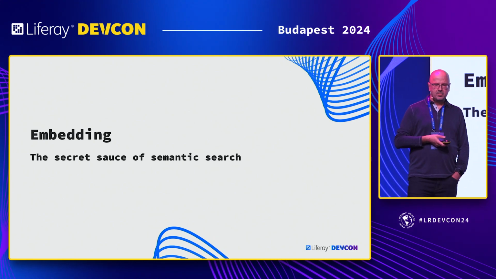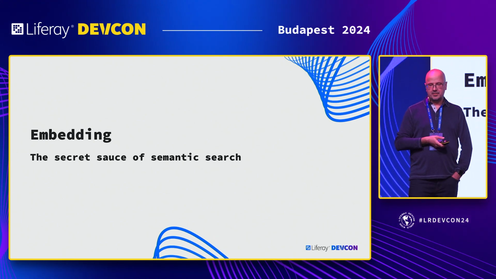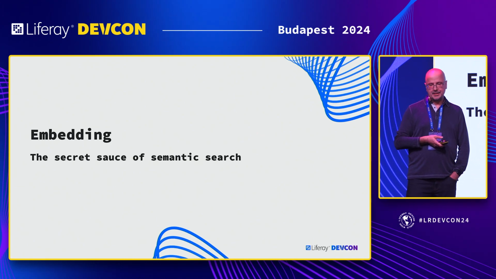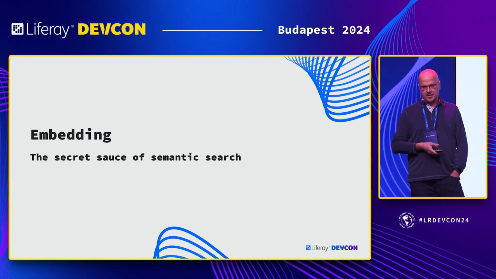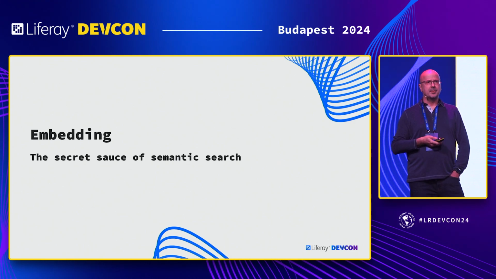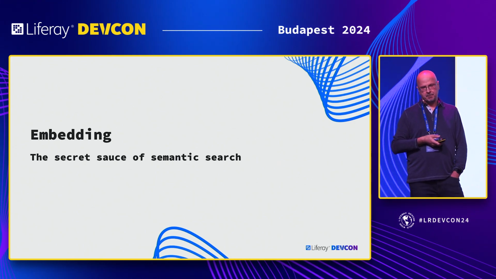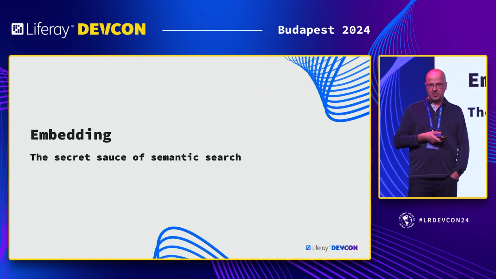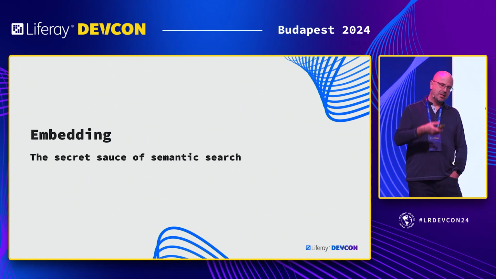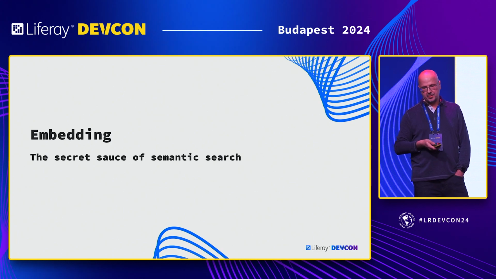This representation, what we call a search engine document, is optimized for searchability. But to use semantic search, we need to add something to this representation, and that's the embedding. An embedding is actually yet another representation of the original asset, so it's kind of a representation inside a representation.